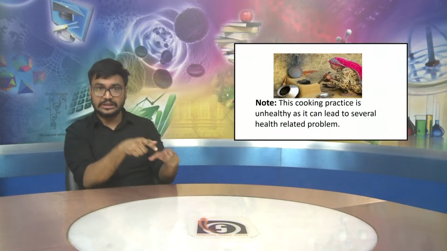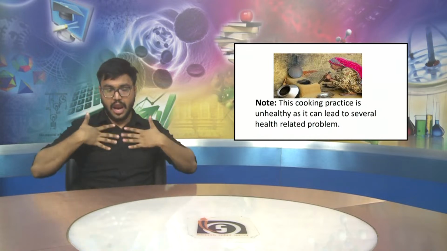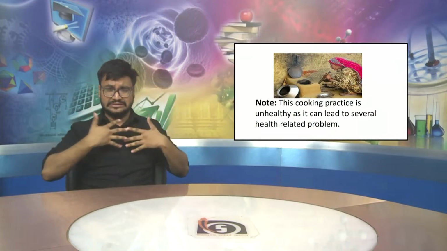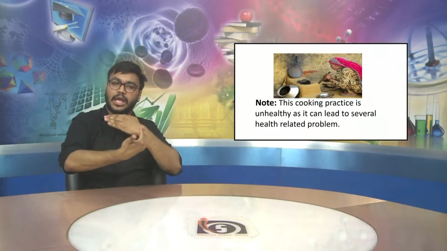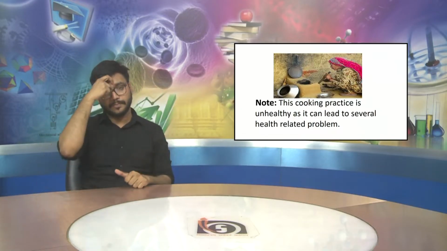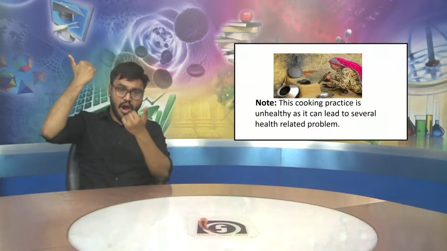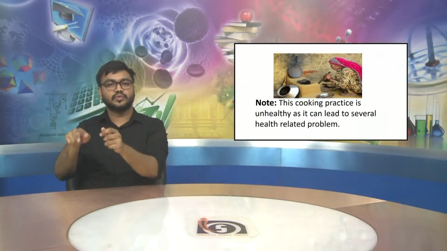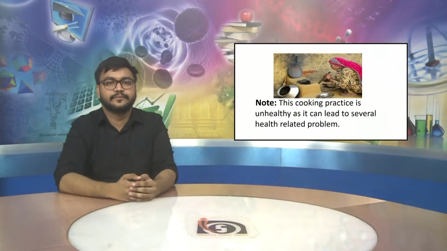But here is a precaution note that this cooking practice using Fukni is unhealthy as it can lead to several health related problems. It was used previously, but now it has changed with stoves and gas.